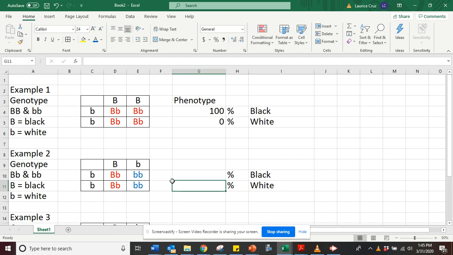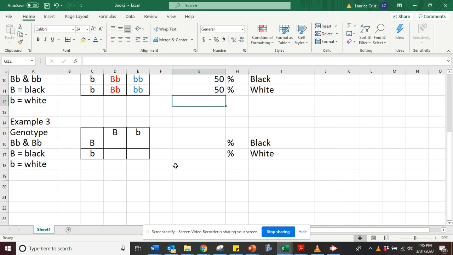And you will notice here, two of the four possible offsprings will have the dominant gene. So a dominant gene obviously will be followed, and in this case, you have two out of the four. So two offsprings will be black, which means two out of four will be 50%, and then the other one will be 50%. Okay, so far so good.